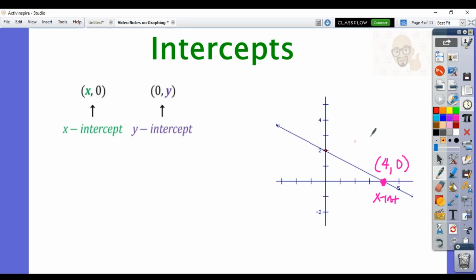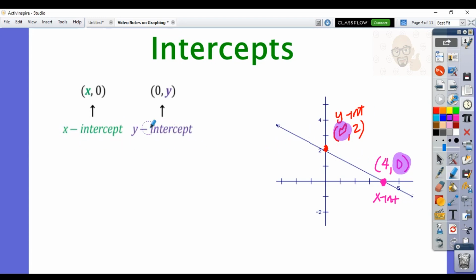And here, the red point is going to be (0, 2). What do you notice about the value of y on the x-intercept? It is 0. And what do you notice on the y-intercept? The value of x there is 0.